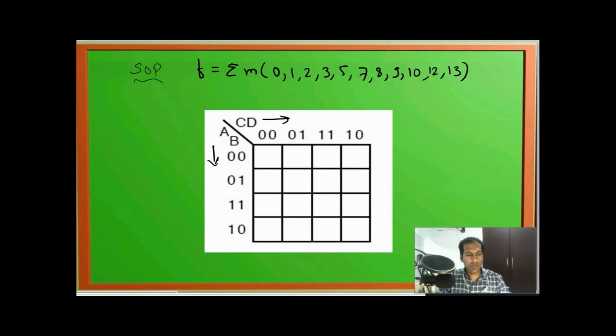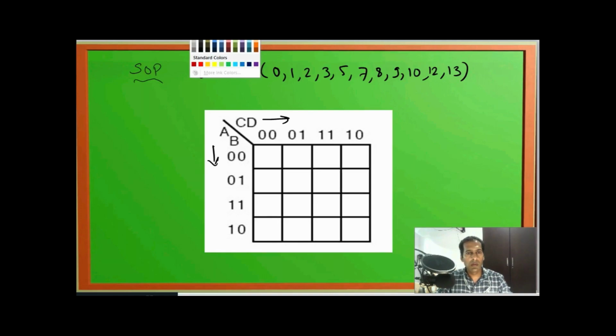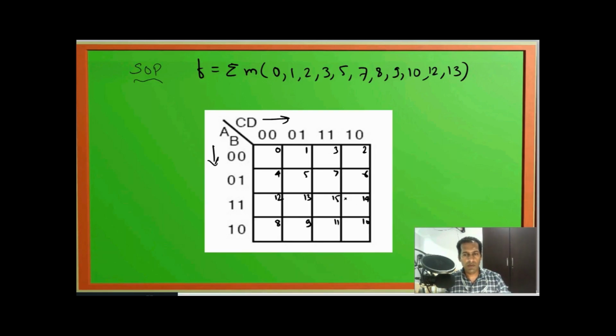We have to find the real minimal expression, so for that we have to find both min terms and max terms. Let us put the numbers for min terms: 0, 1, 2, 3, 4, 5, 6, 7, 8, 9, 10, 11, 12, 13, 14, 15.